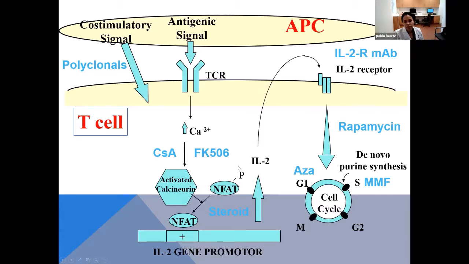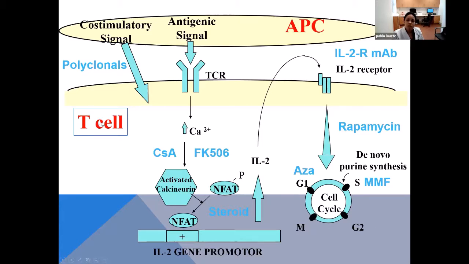Normally it lives in the cytosol phosphorylated, but when calcineurin gets activated, it dephosphorylates this molecule, and the molecule goes into the nucleus and transcribes the interleukin-2 gene. So you have increased interleukin-2 production, and the interleukin-2 goes to the cell surface and activates the interleukin-2 receptor. This leads to a cascade of events that in the end leads to the cell entering the cell cycle. So the T cell replicates, and you have T cell replication and proliferation.